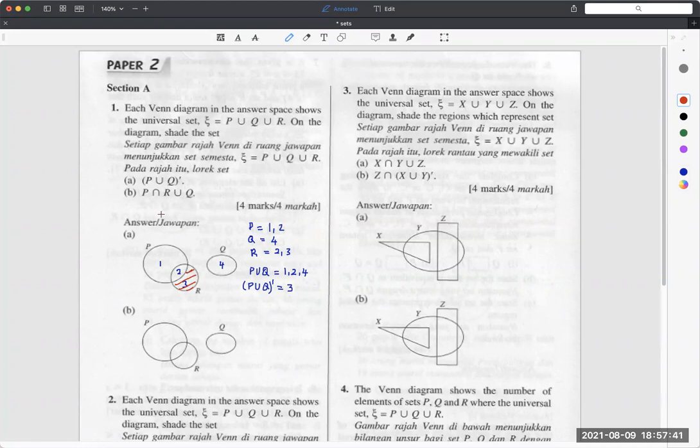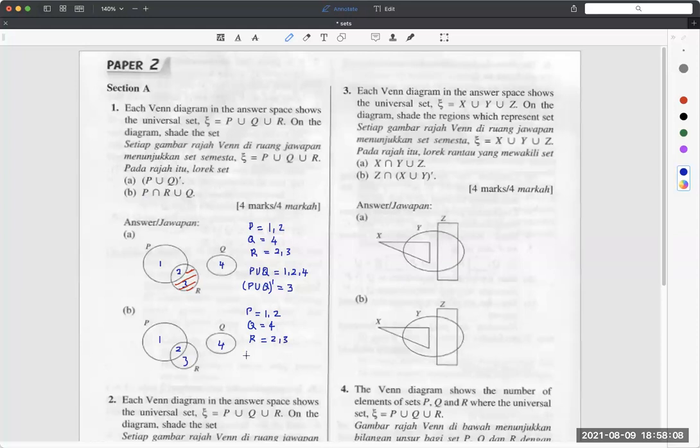All right, now let's look at B. We do the same thing. We label 1, 2, 3, and 4. So it's the same thing. P consists of areas 1 and 2, Q is 4, R is 2, 3. So let's look.